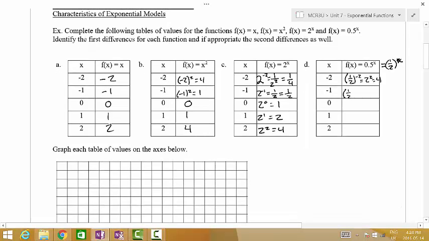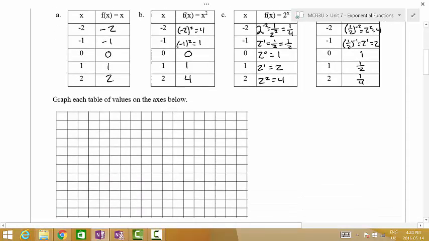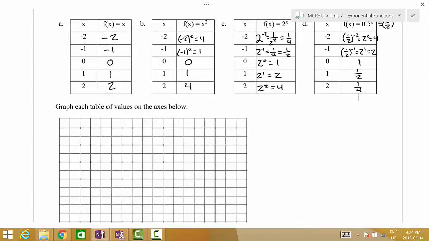We have 1 half to the negative 1, or 2 to the 1, or 2. And if you look over, you can see this is actually just the opposite of the one that we have on the left of C. So we end up with the same numbers, but in the reverse order. So we are going to graph these now.